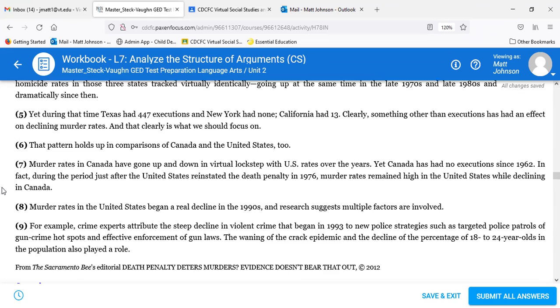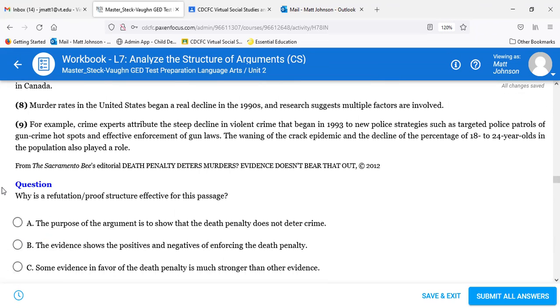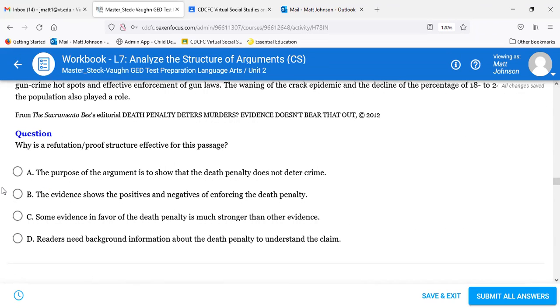Same passage for number 6. Christiana, how about reading number 6 for us? Number 6. Why is a refutation proof structure effective for this passage? A, the purpose of the argument is to show that the death penalty does not deter crime.